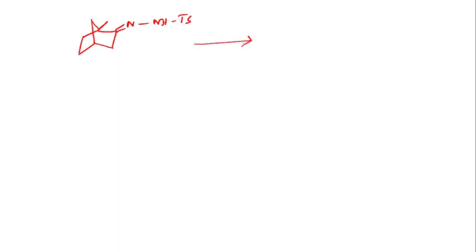So they have used n-butyllithium and DMF. Reagent number 1, reagent number 2, CSIR NET 2016. Now, before I write, you should have done the answer. What may be the product?